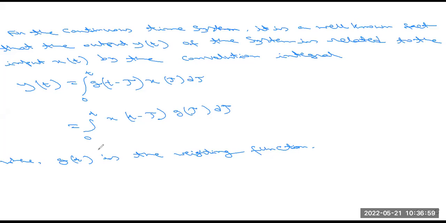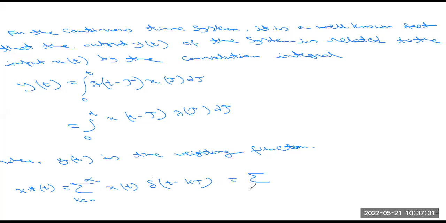So in a discrete time system, we have the convolution summation. We have to express x asterisk of t, which is equal to the summation from k equal to 0 to infinity of x(kT) delta(t minus kT).